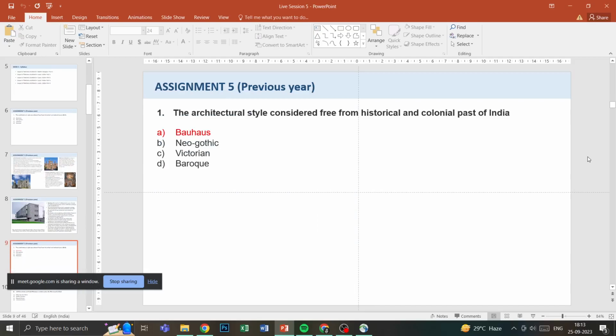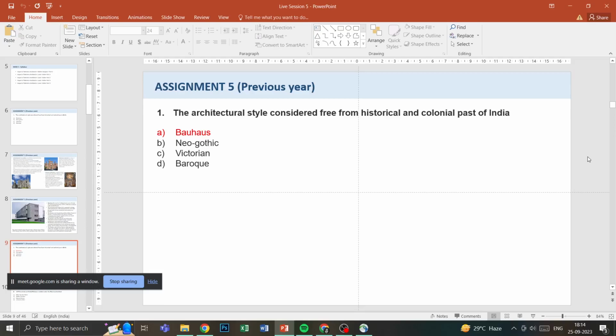The architecture style which is considered free from the historical and colonial past of India is Bauhaus, and not just in India, as compared to any other places also, it's Bauhaus. Another reason why Bauhaus is detached from the colonial past of India is because Bauhaus came to India after India got its independence.